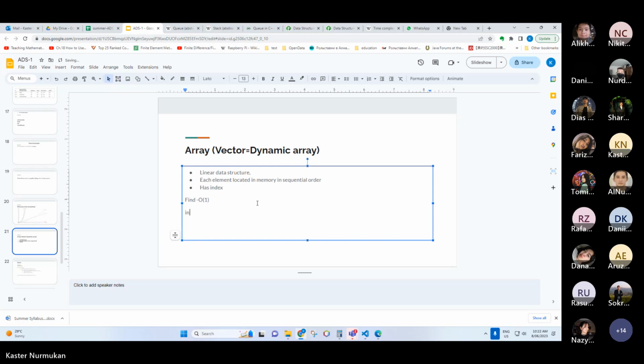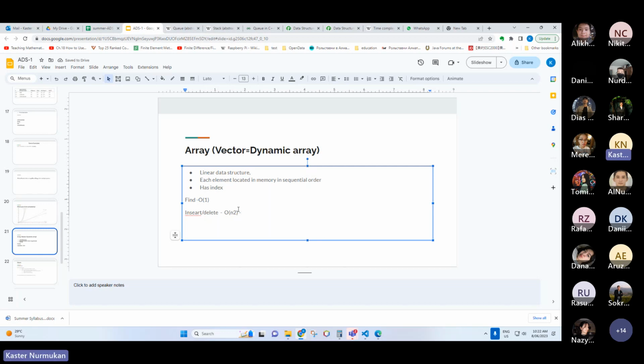Insert and delete will be spent in linear time. No, in square time.